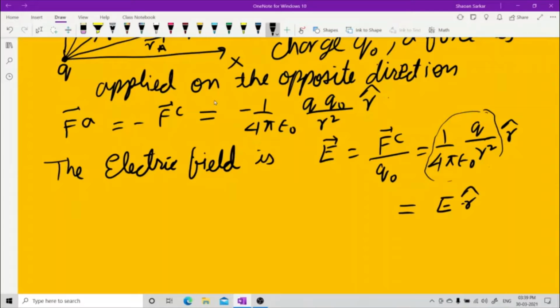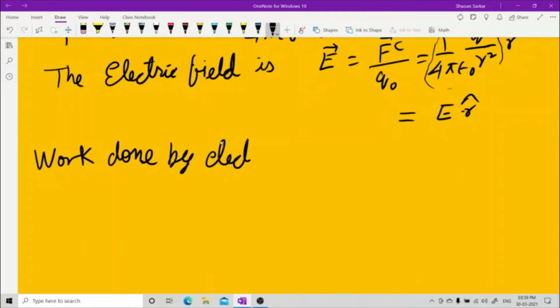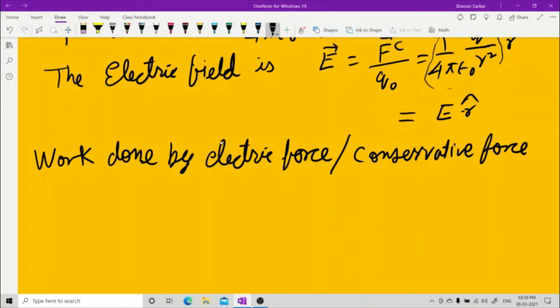Now, let us write down the work done by the electric force, or the conservative force: W conservative from initial to final is the integral of Fc dot dl.